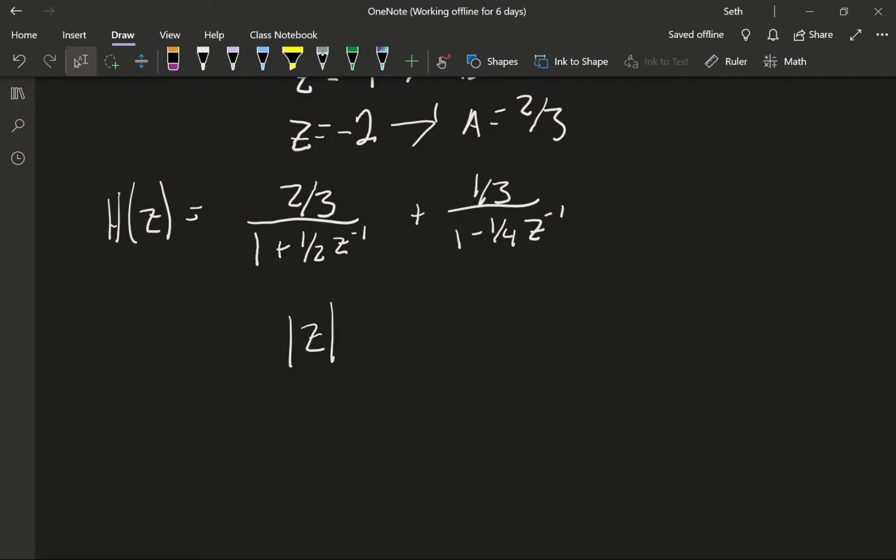We have a pole at z equals 4 and z equals 1/2, so this would be greater than 1/2, and z is less than 4 because it's a ring. So did I get that right?